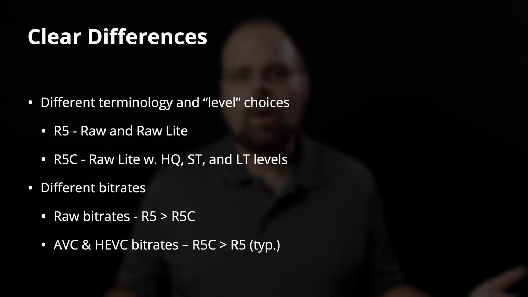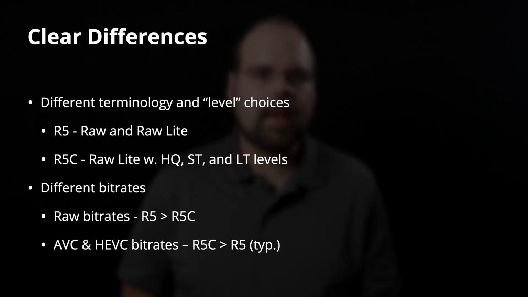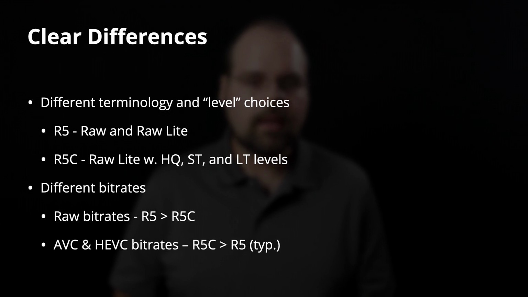So when it comes to shooting in RAW, even though the R5 and R5C basically are doing about the same thing, they're not using the same bit rates, or at least they're not targeting the same bit rates. So the R5 targets a higher bit rate for RAW video than the R5C does. I have no idea why. This seems like one of those places where you would expect the cinema camera to target a higher bit rate than the still camera.